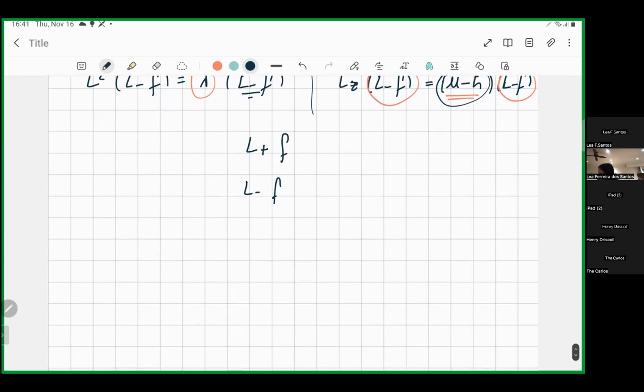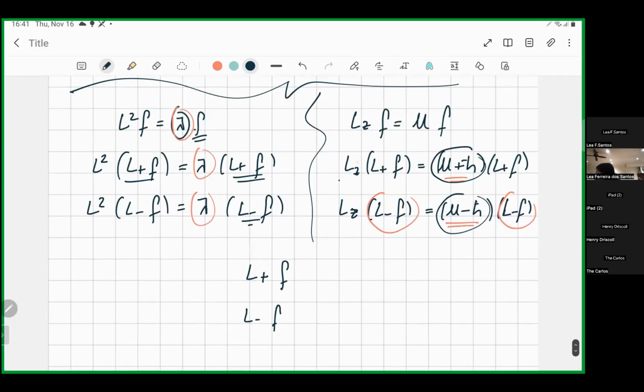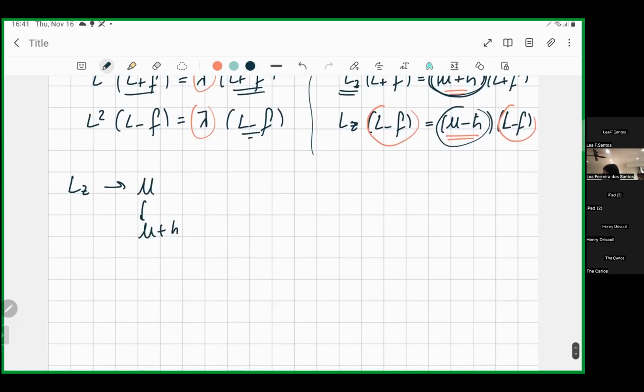Well, the eigenvalue of LZ increased. Suppose I start with a certain eigenvalue for the LZ. I apply the L plus, this is raising. Then I apply it again, this is raising.